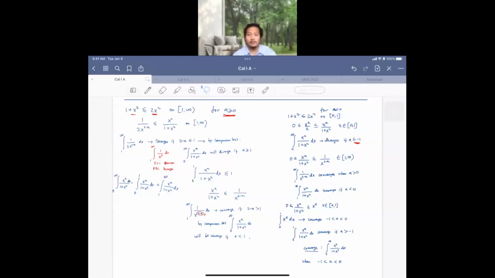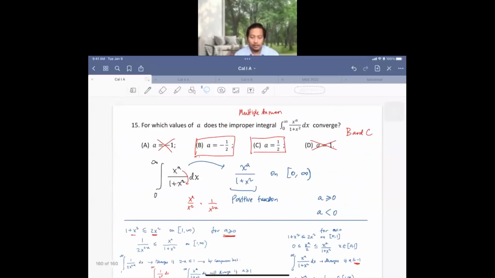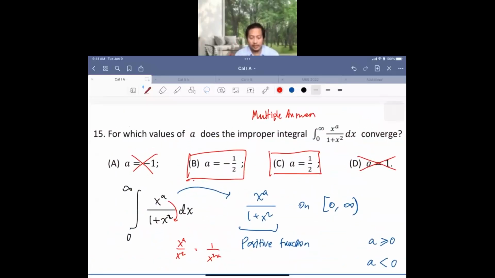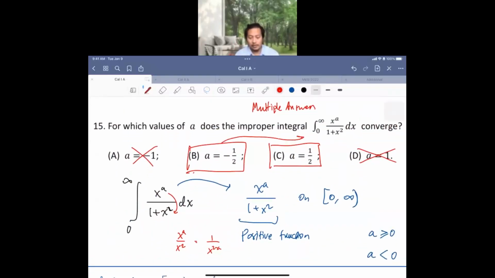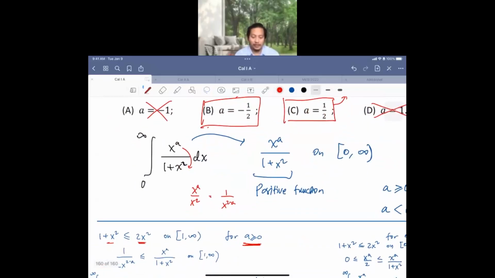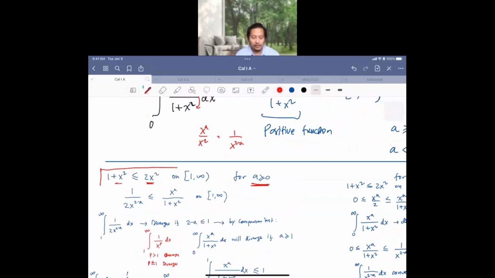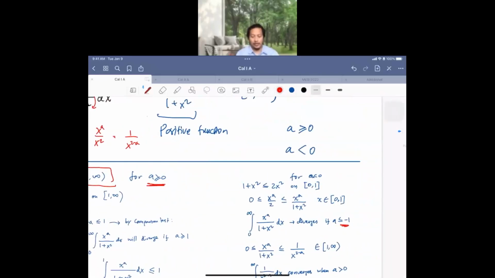So check again. You could check A one by one, but at least you can do that after you make out these definitions. Okay, so this is for A positive. This is for A negative.